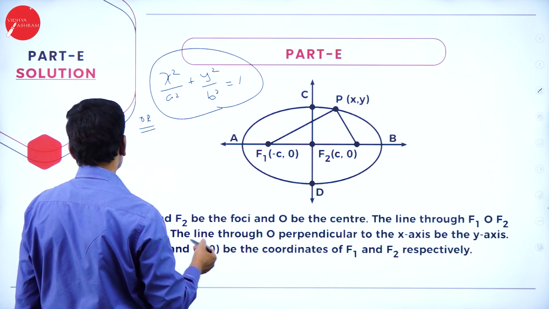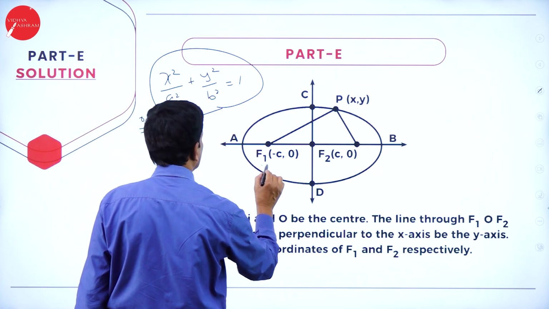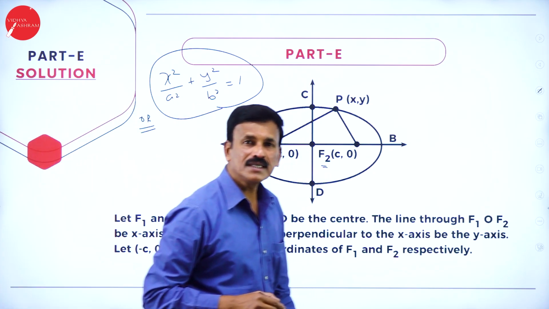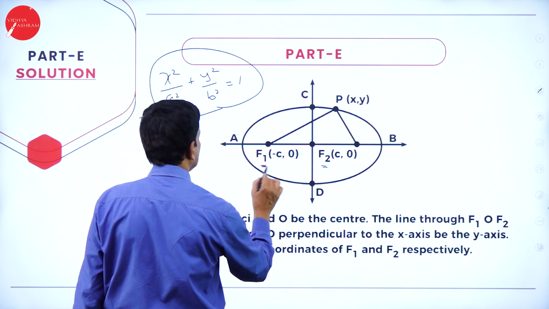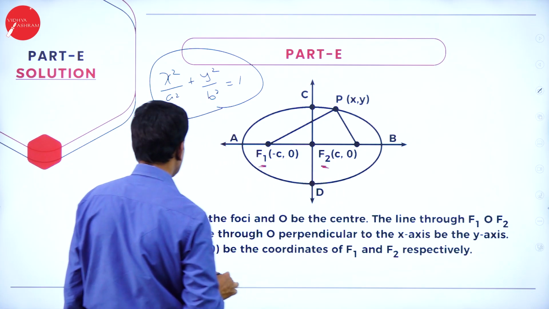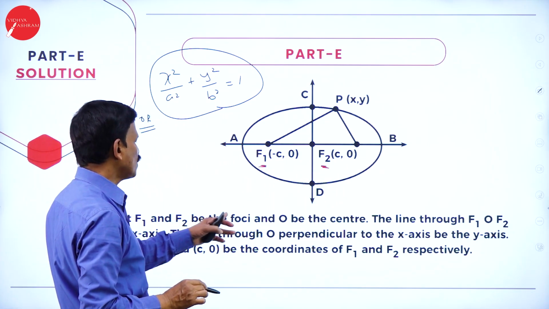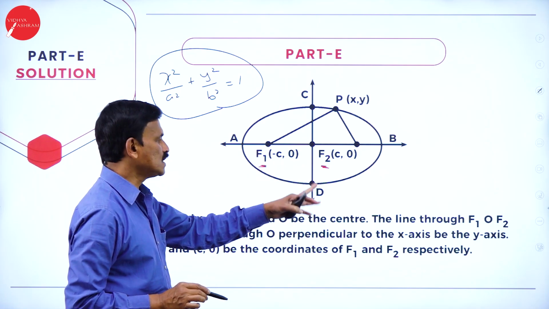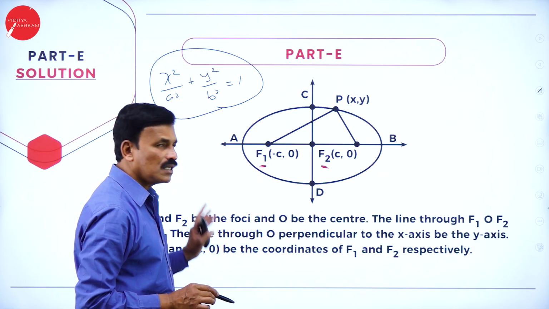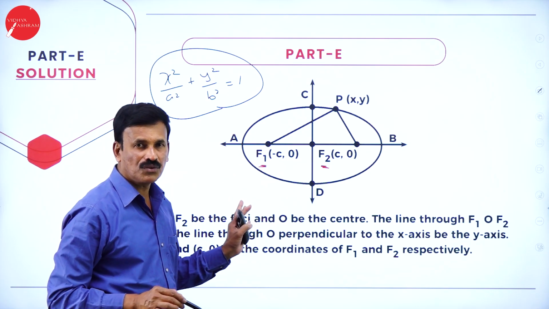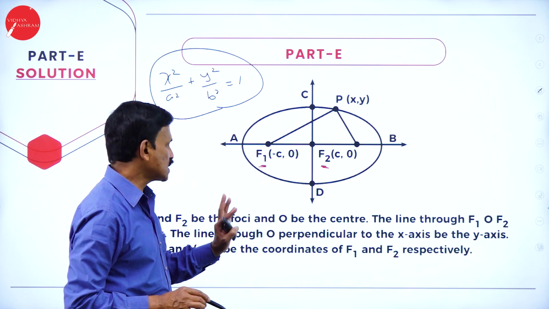Now let us consider, let F1 and F2, F1 (minus c, 0), F2 (c, 0), be the foci and O is the center.